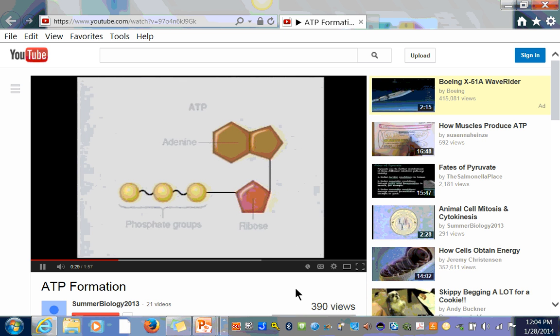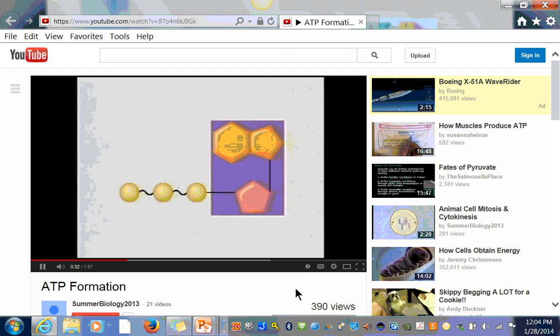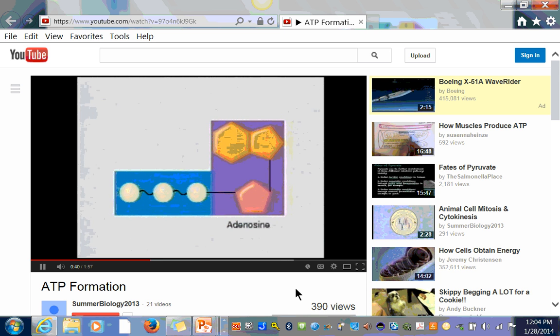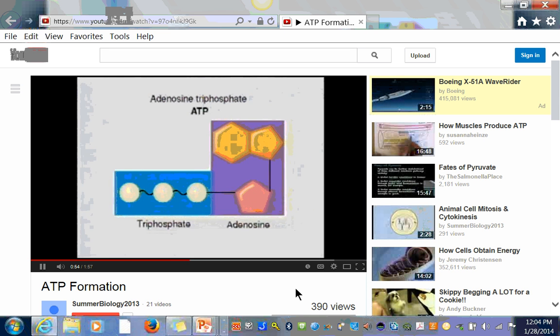The adenine and ribose portion of the ATP molecule is called adenosine. The 3 phosphates linked to the ribose in a chain are called triphosphate. Adenosine, together with the 3 phosphate groups, is called adenosine triphosphate, or ATP.